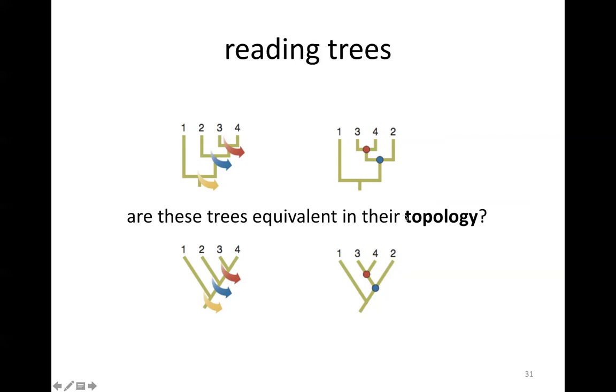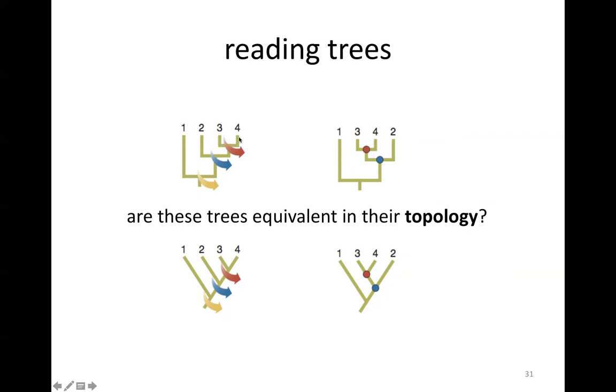And in fact, they are. They tell us that 3 and 4 are the most closely related groups, and then 3 and 4 are next closely related to 2, and then 1. And this tree tells us the same story. 3 and 4 are most closely related, then 2, then 1.